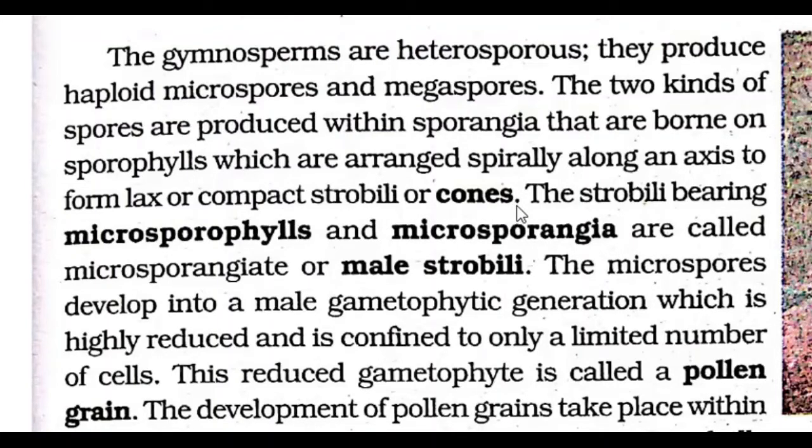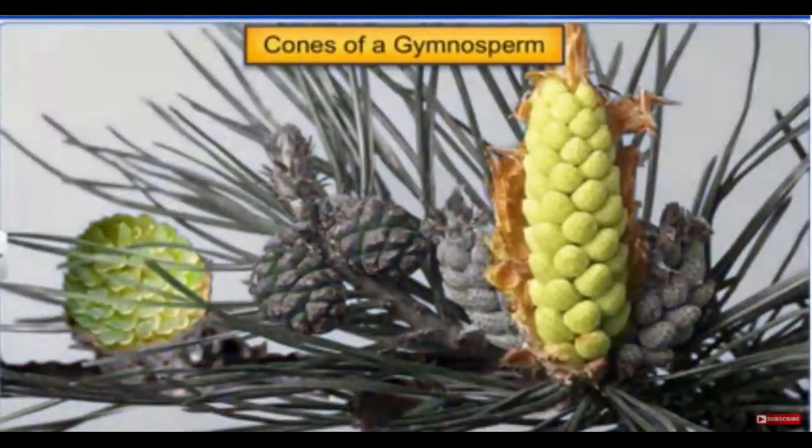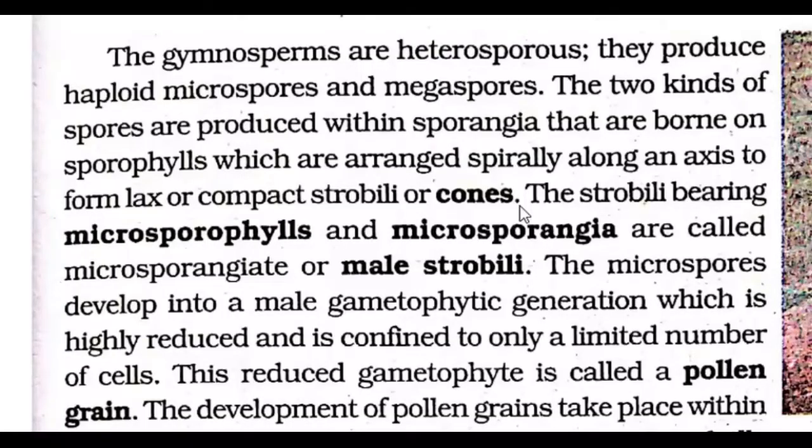Once again, the gymnosperms are heterosporous. They produce haploid microspores and megaspores, which means the spores are haploid. Microspores means the spores are small, and megaspores means big. Two kinds of spores are produced. Where are these spores produced?